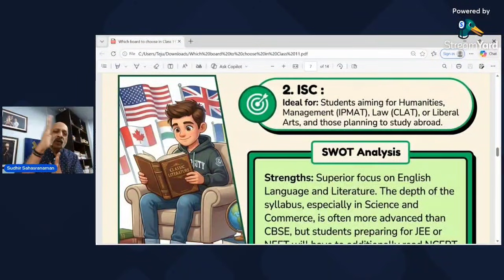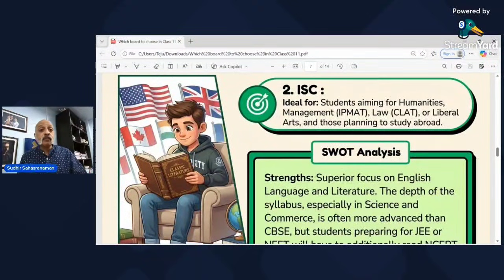CBSE question papers, syllabus, textbooks are very different, and someone who is very used to the ICSE way of learning will find adjustment problems, and you may end up spending a large part of your class 11 just making those adjustments. So my advice to all ICSE students is stick to ISC. Okay, this is my personal opinion.